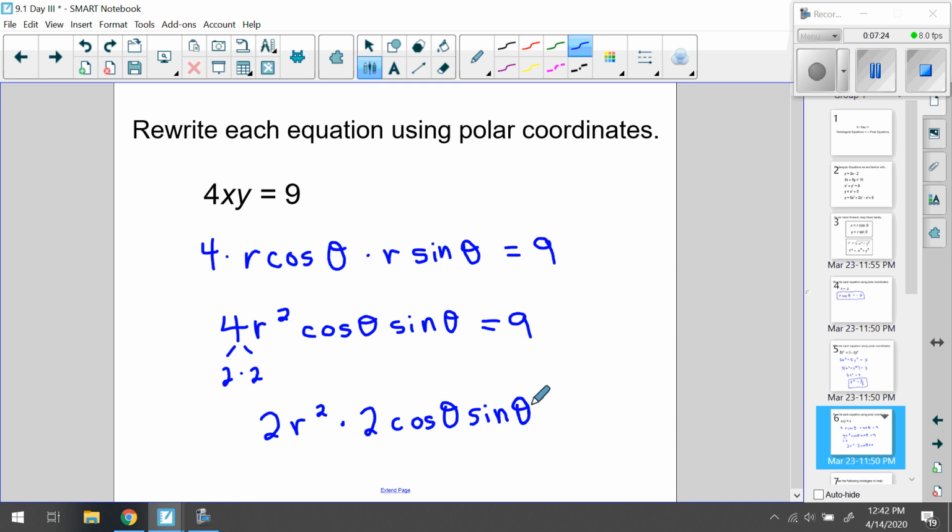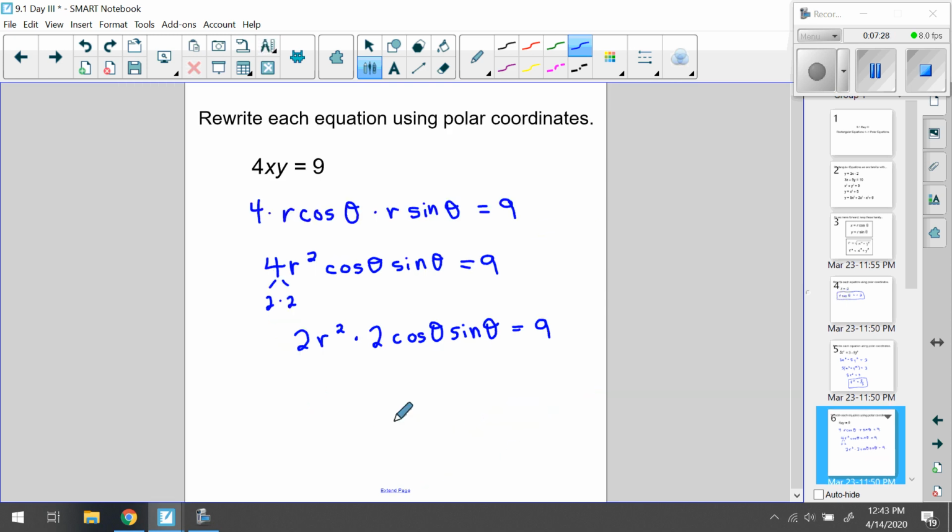And then maybe you're starting to recognize or something's kind of coming back to your mind. Maybe this looks familiar to you, 2 cosine theta sine theta. You might remember from our list of identities back in chapter 7. Remember our 29 identities that we looked at? One of those was a double angle identity that said that 2 cosine theta sine theta was equal to sine 2 theta.